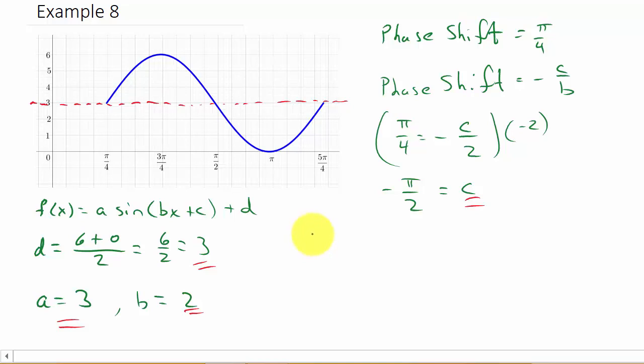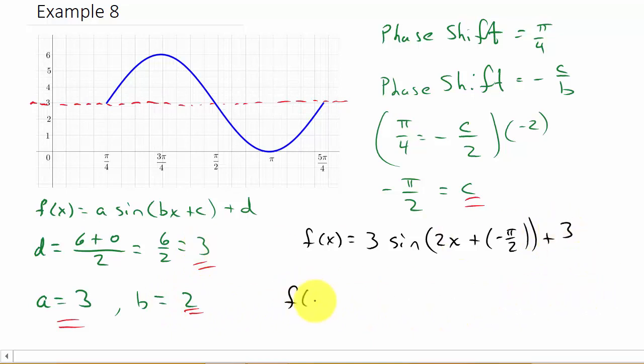So I get f of x is equal to a, which is 3, times sine of bx, well, b is 2, plus c, which is negative pi over 2, plus d, and d is 3.